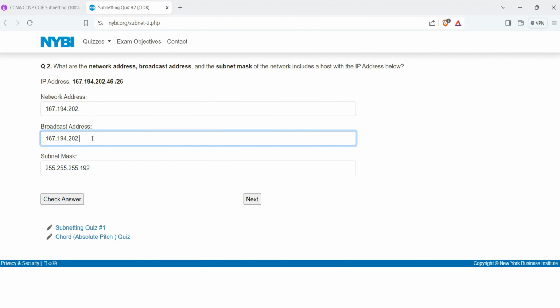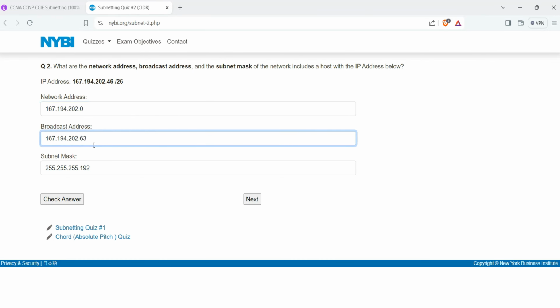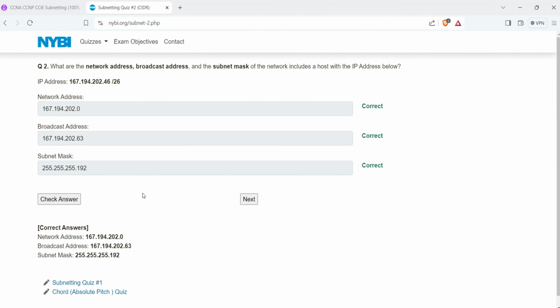Okay, where does 46 fall under over here? Okay, well, my jump start is 128 and 64. So the jump start is actually 64. So 0, 64. Oh, 46 falls in between 0 and 64. 0 is a network ID, and the next network is 64. Broadcast is 63, as you see.